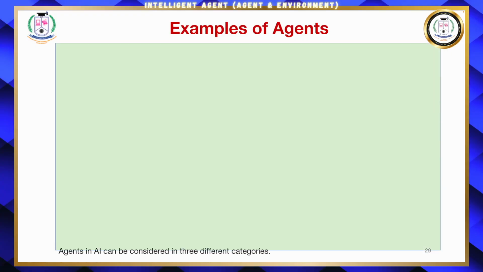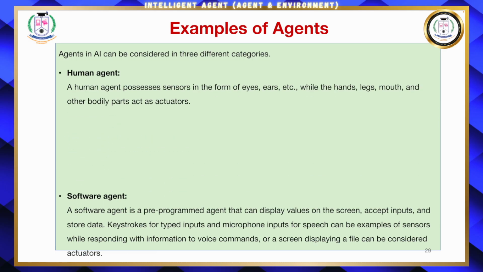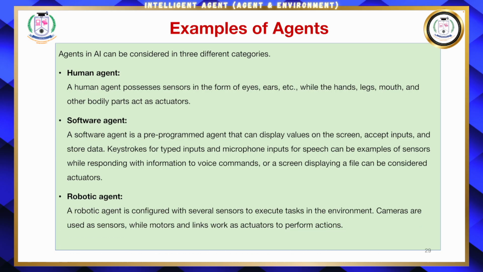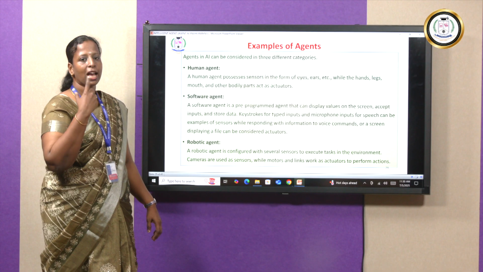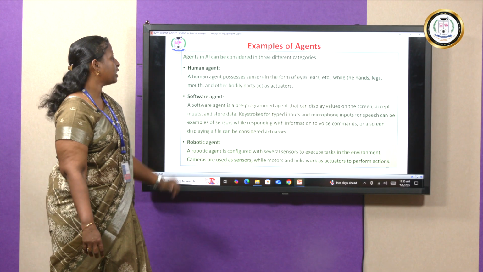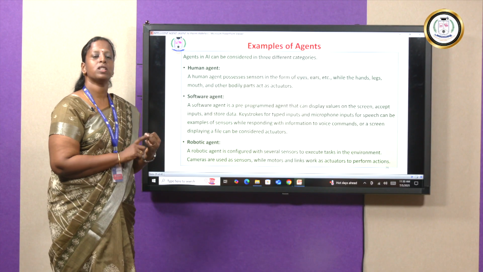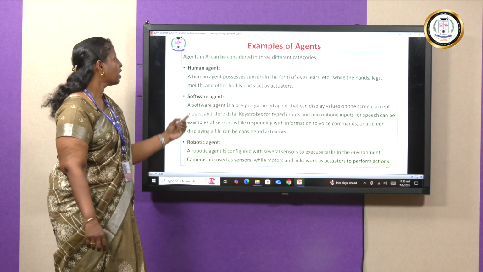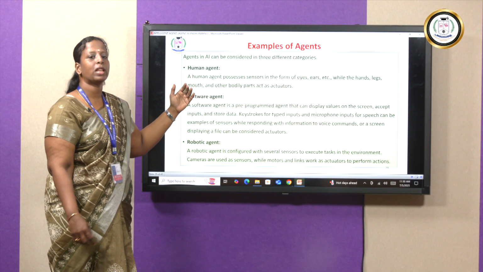Next we will see the examples of agents. There are 3 types of agent. One is the human agent, next is the software agent, and the third one is the robotic agent. In the human agent, we perceive the input by means of eyes, ears, and so on.